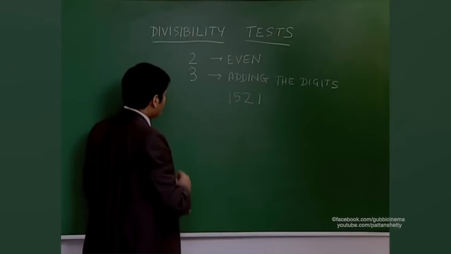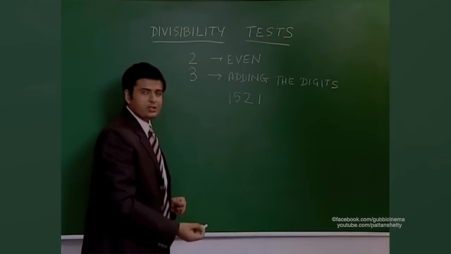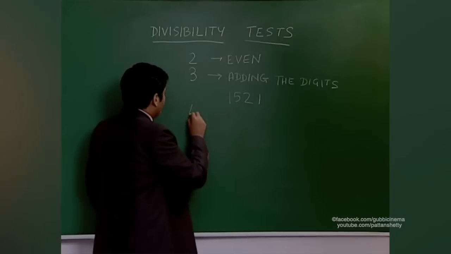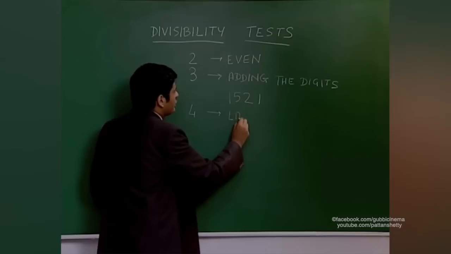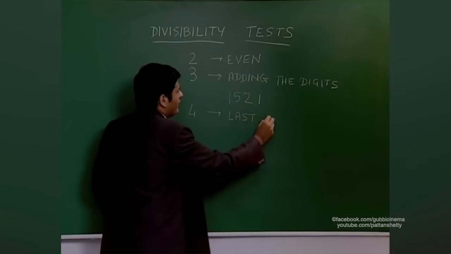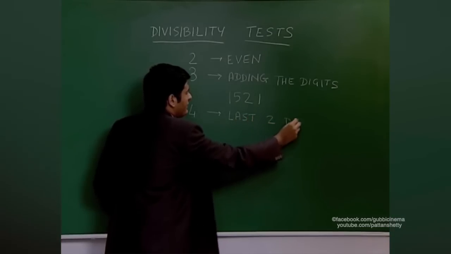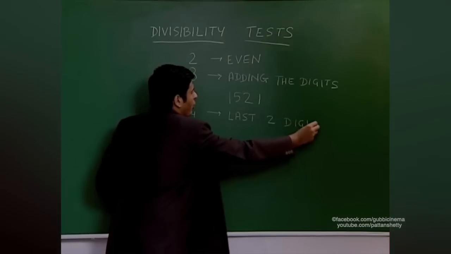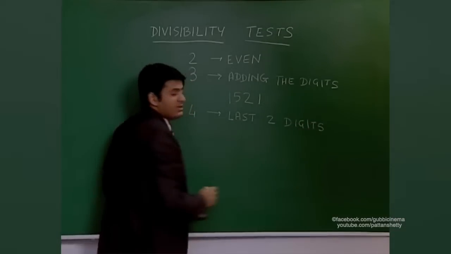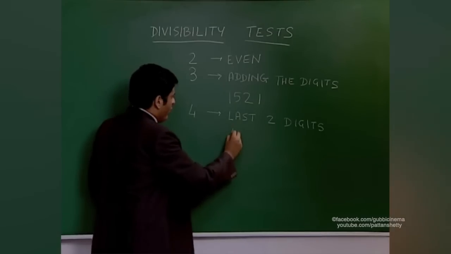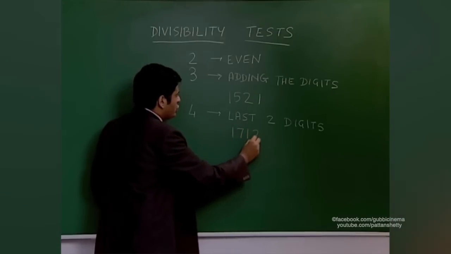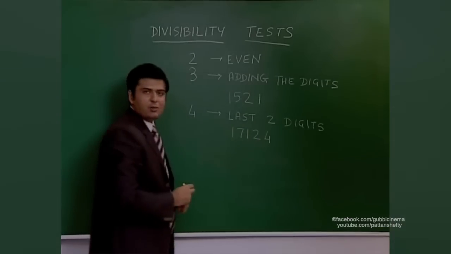Next, let us see the test of 4. The test of 4 says divide the last 2 digits. If the last 2 digits are divisible by 4, then the whole number is divisible by 4. Suppose I want to find out whether 17124 is divisible by 4.